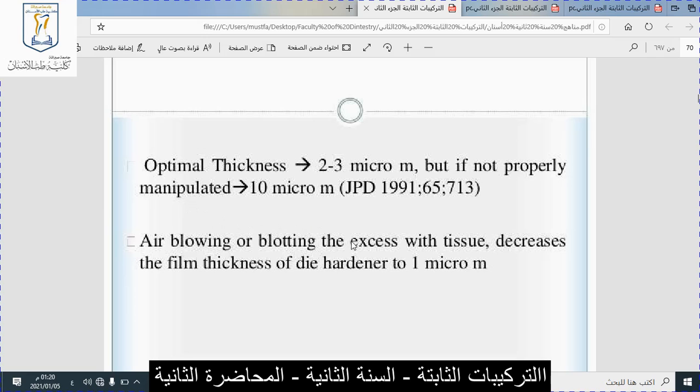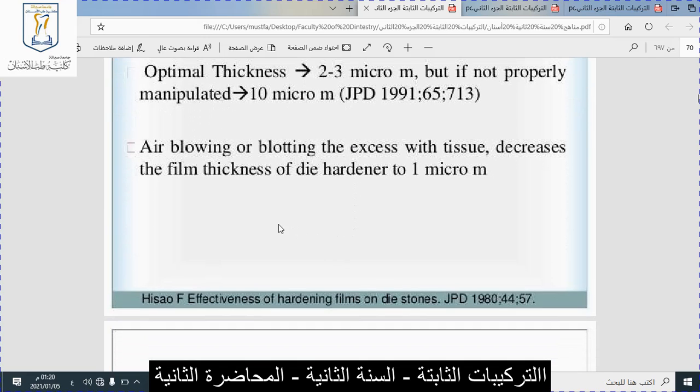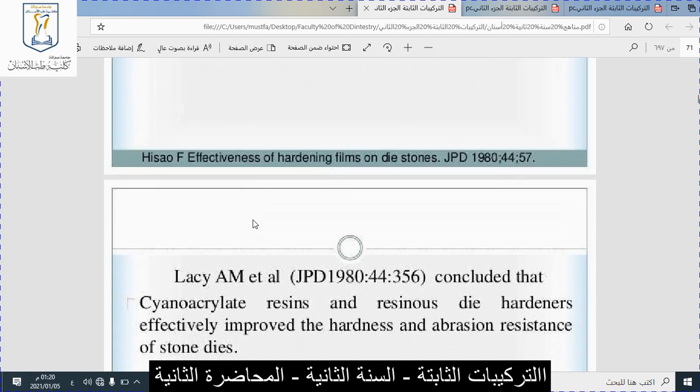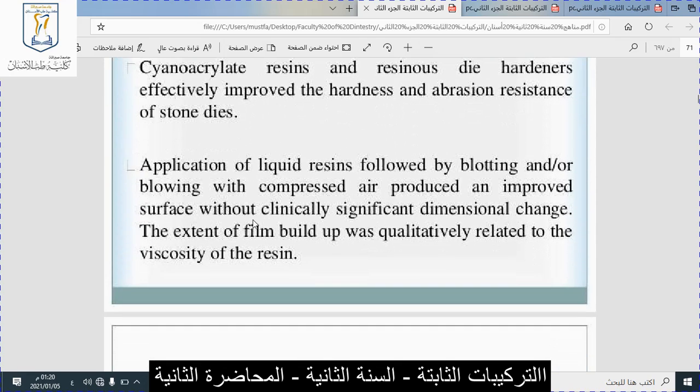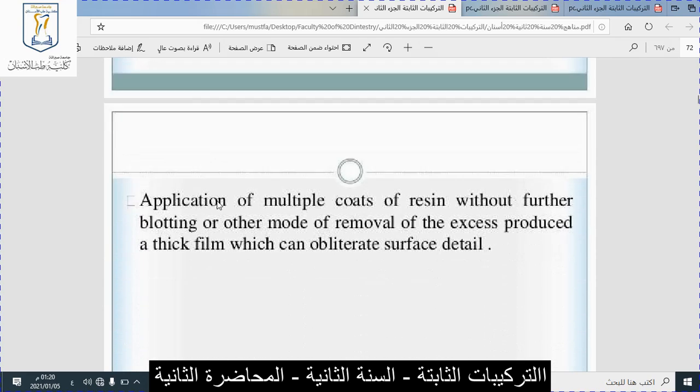Remove excess with a tissue and prevent air blowing inside the hardener. Application of liquid resin is followed by blowing with compressed air, giving light air to spread the material and reduce bubbling inside the material.